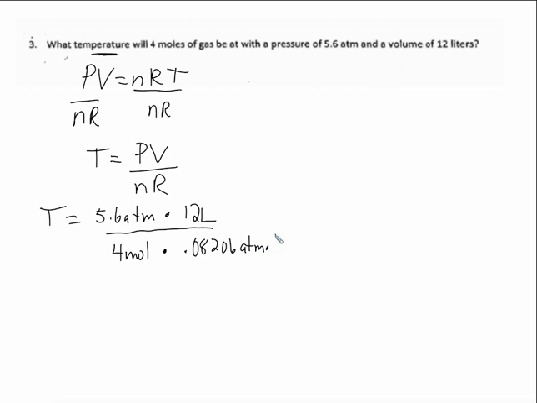And then the units are atmospheres times liters divided by moles Kelvin. Now the thing about the R value is it tells you what units your pressure has to be in. Those have to match. The volume has to be in liters, the moles have to be in moles, and then the temperature that you're solving for is going to be in Kelvin. So then you just solve this problem by taking 5.6 times 12 divided by 4 divided by 0.08206. The temperature that I get is 205 Kelvin.